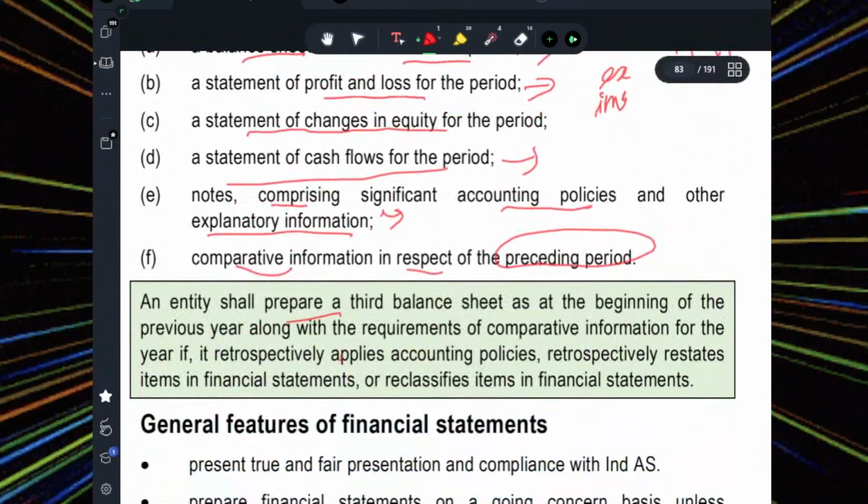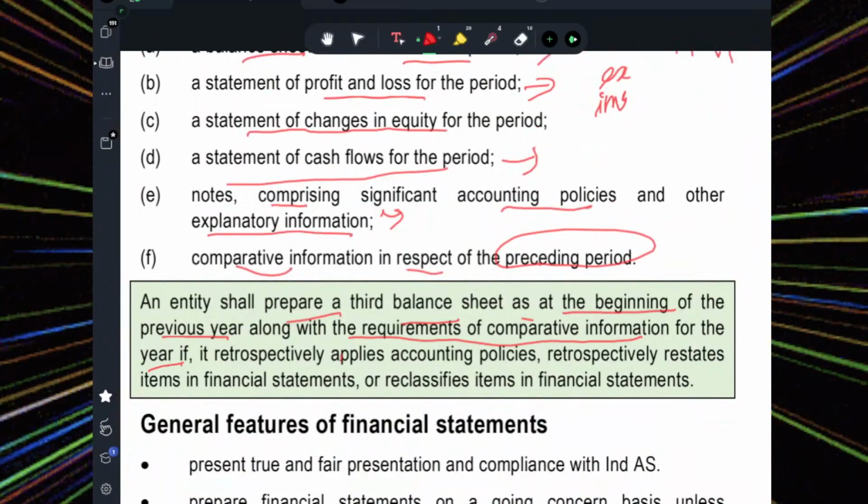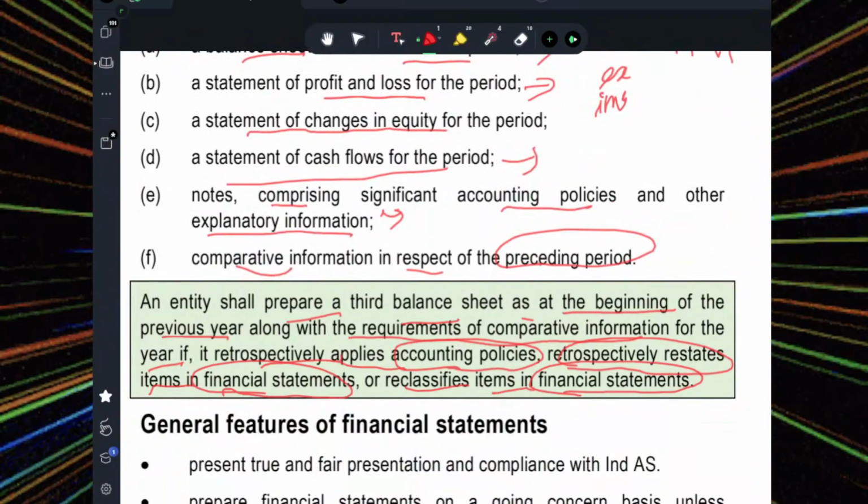The entity shall prepare a third balance sheet as at the beginning of the previous year, along with the requirement of comparative information for the year, if a retrospective application applies to accounting policies. Retrospective restates the items of financial statements and reclassifies the items in the financial statement. Why a third balance sheet? Sir, we are making some change, but the effect is going to be retrospective.